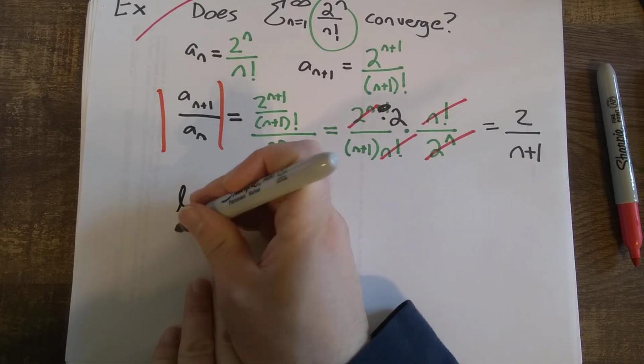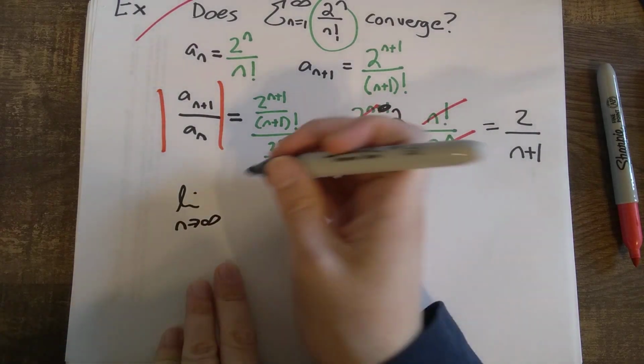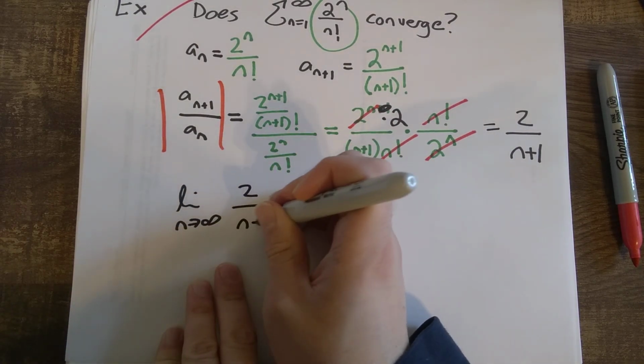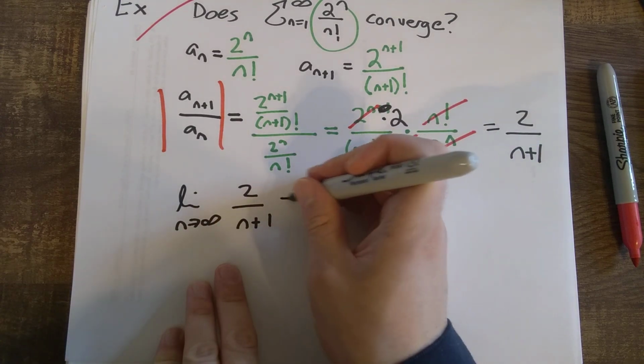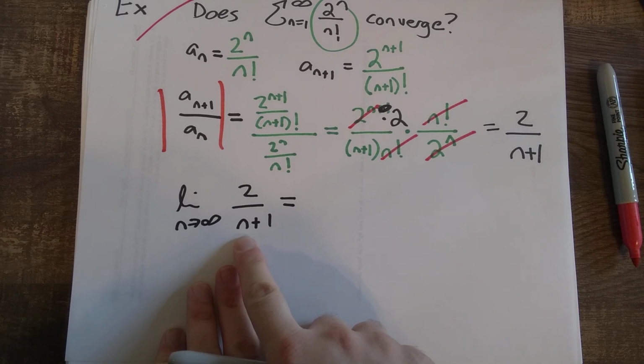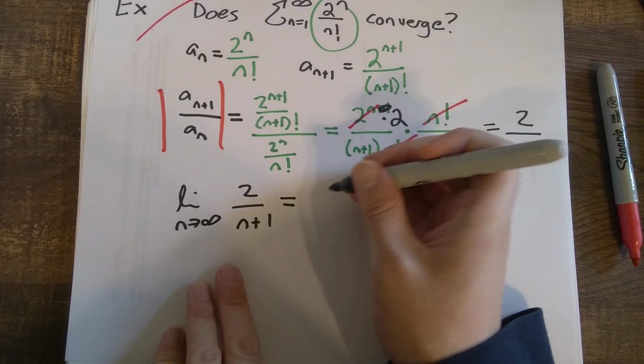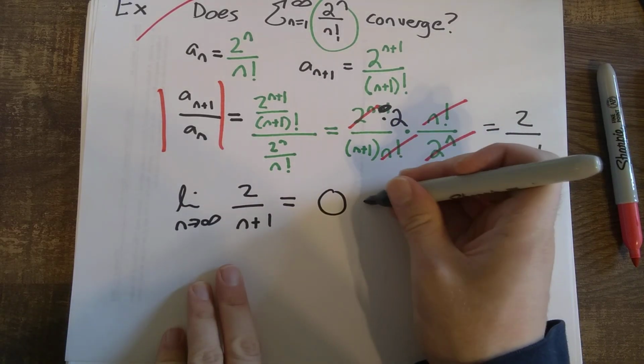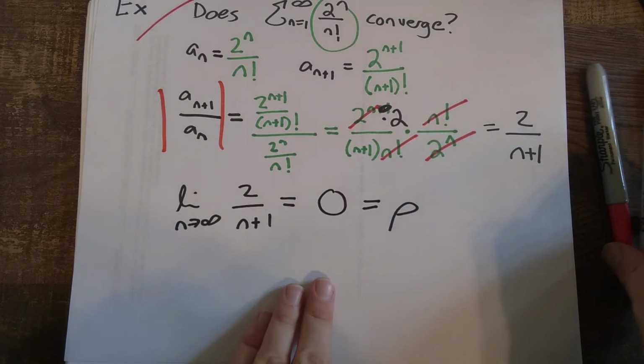So we need the limit as n goes to infinity of 2 divided by n plus 1. As n goes to infinity, n plus 1 goes off to infinity, and so this is 0, and that's rho.